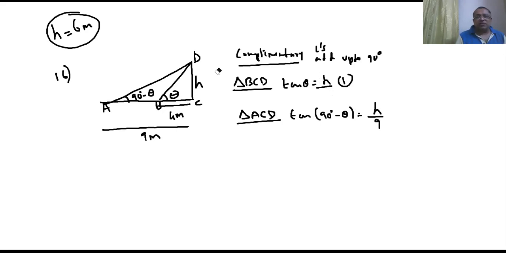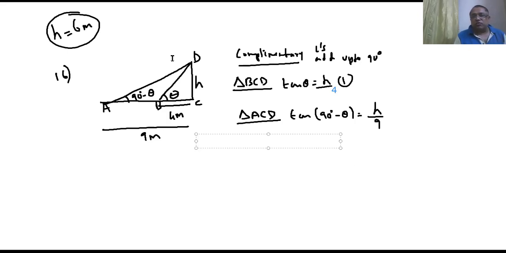So tan theta is h upon 4, and tan 90 minus theta is equal to h upon 9.